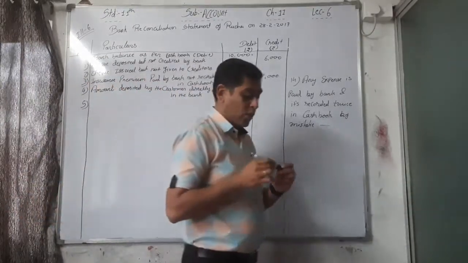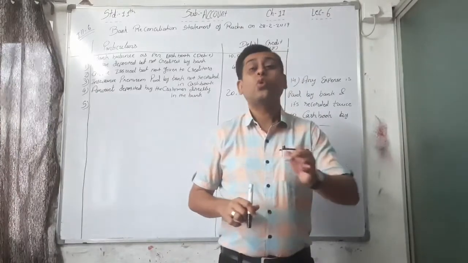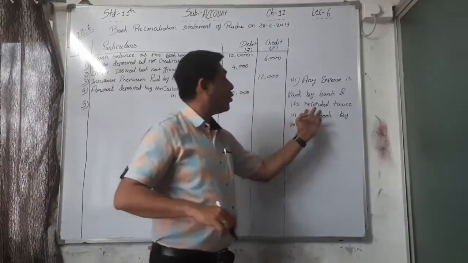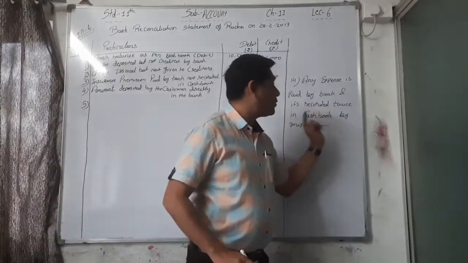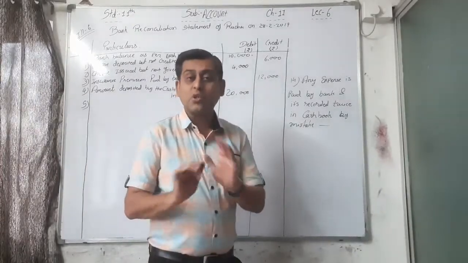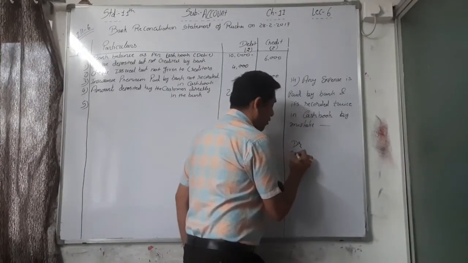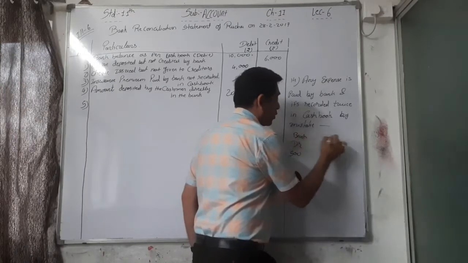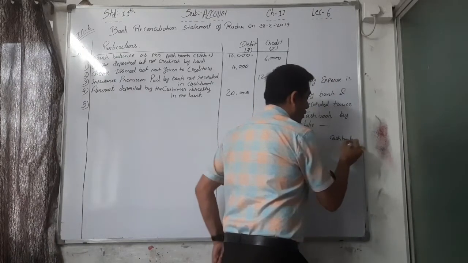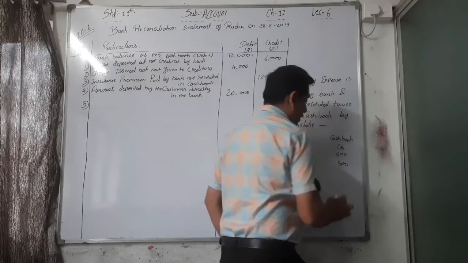Any expense is paid by the bank and it is recorded twice. What does that mean? The bank debits the expense in the trader's account, so in the cash book it is credited, but it is credited two times. One time we have to debit it and the problem is solved. Say, for example, 500 rupees by bank: we have to record 500 rupees on the credit side in the cash book, but it is recorded two times.